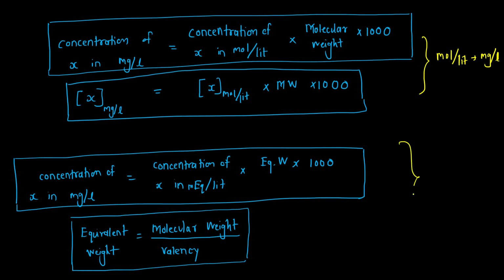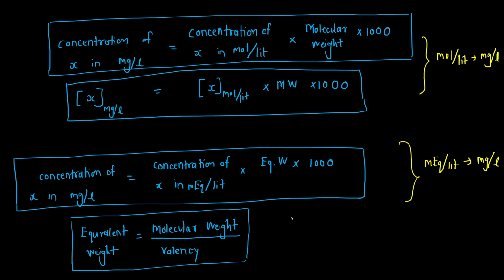So this is to be used when moles equivalent per liter is given in the question and you have to convert it into mg per liter. See, all the concentrations we are dealing with are in mg per liter only, so convert everything into mg per liter.